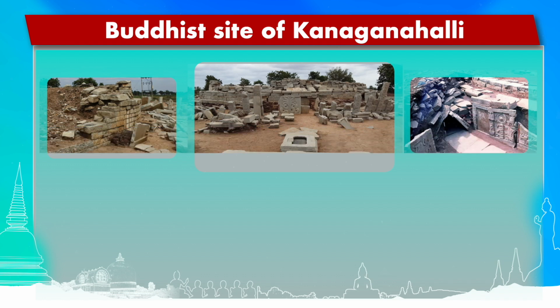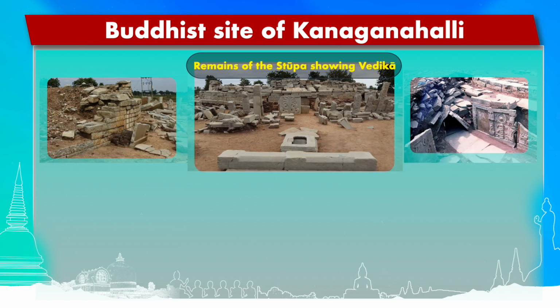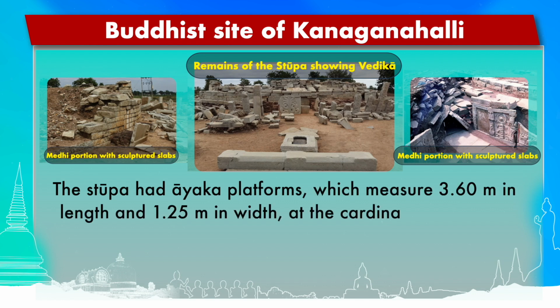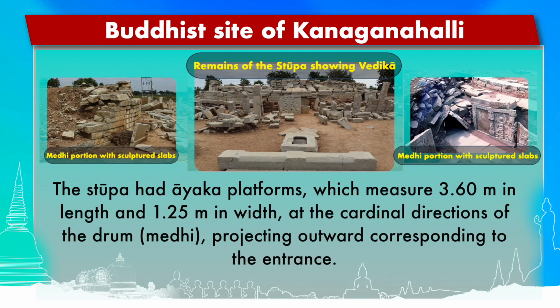The stupa had ayaka platforms which measure 3.6 meters in length and 1.25 meters in width at the cardinal directions of the drum, that is the medhi, projecting outward corresponding to the entrance.